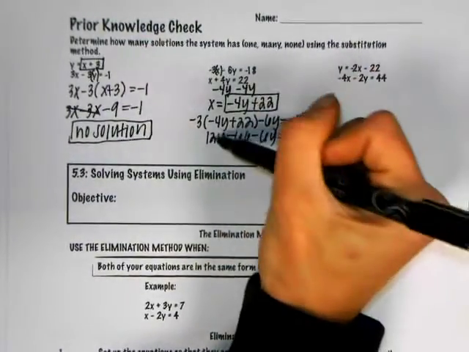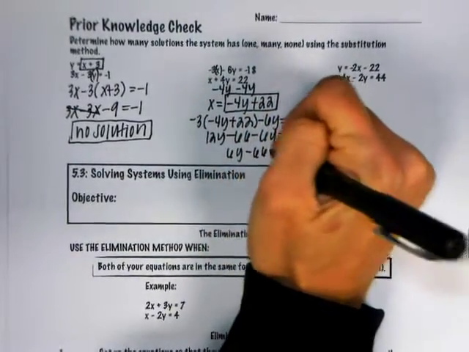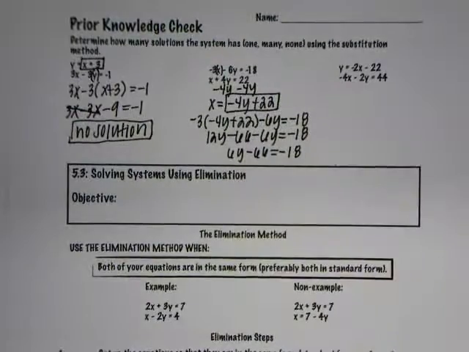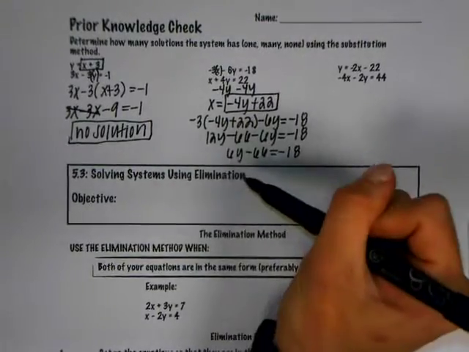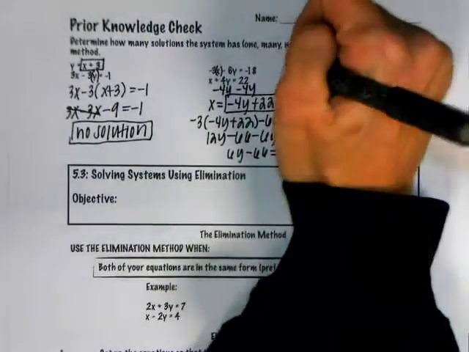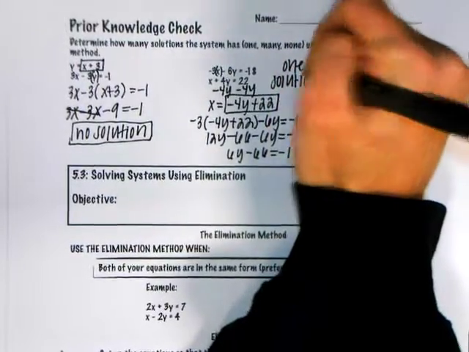Combine like terms, 12y minus 6y. And we can actually stop here because it's not asking us for the solutions, it's asking us how many solutions, right? So did our variable cancel out? No. So if we continue, are we going to get an answer for y? Yes. So what's this going to be? One solution, yeah. So one solution means you're going to get a point for your answer. You're going to get an xy coordinate.